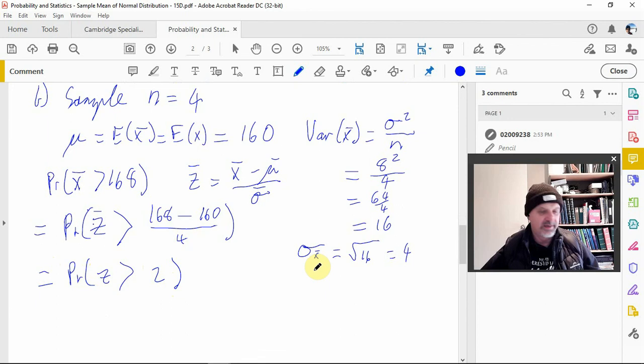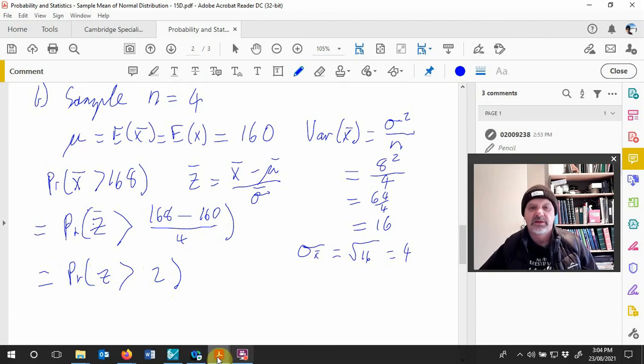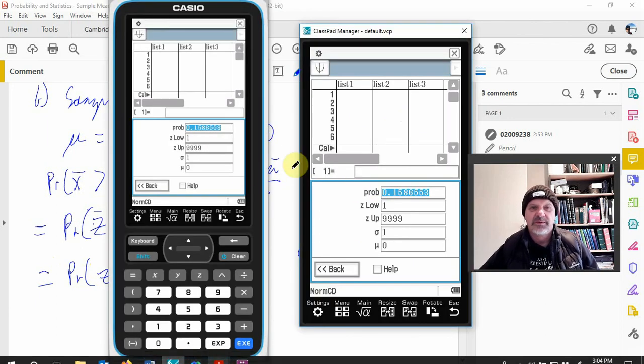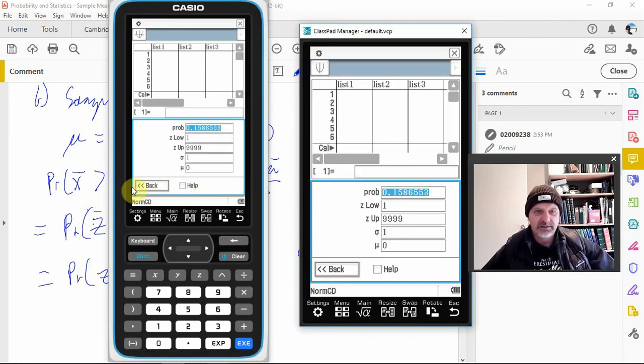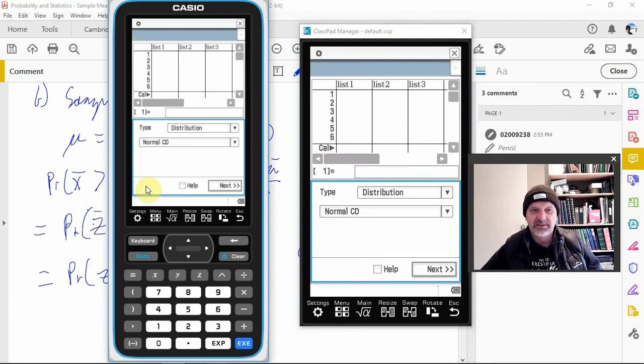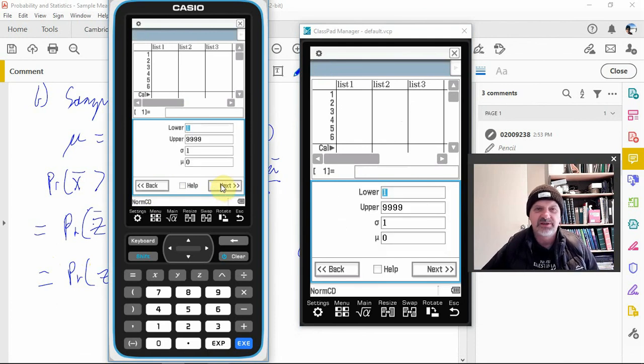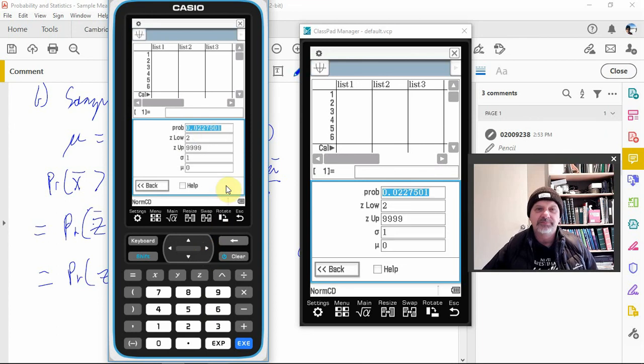All right, and so we now go back to our calculator. I'm already in it, so go back, normal CDF, yes. Our lower limit this time is 2, and our upper is 999. See, I only had to change the one thing there. So next, and there it is.